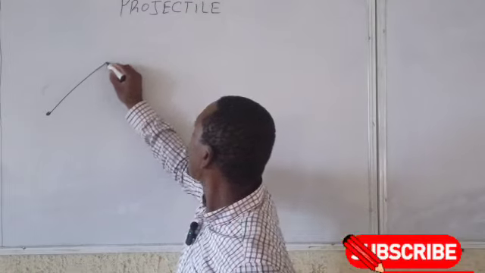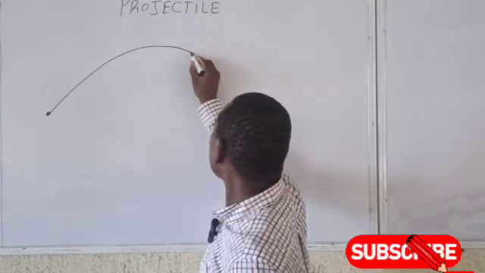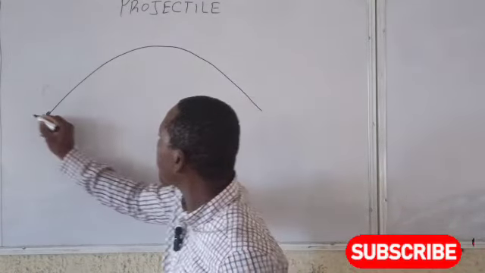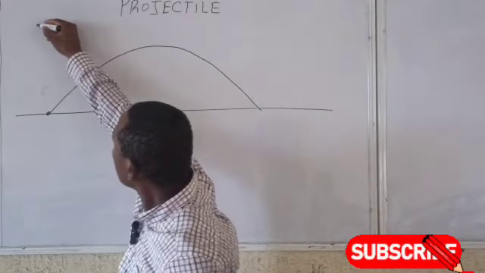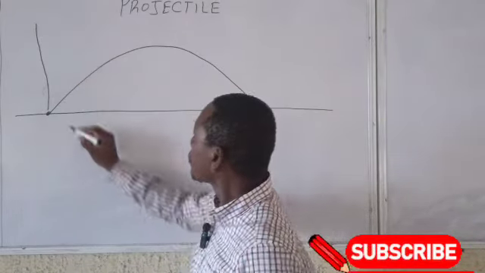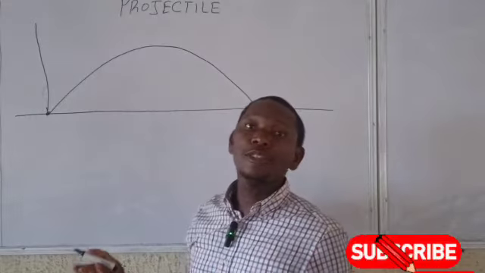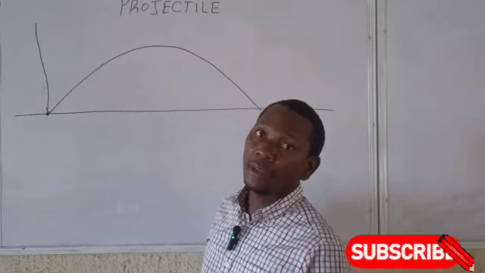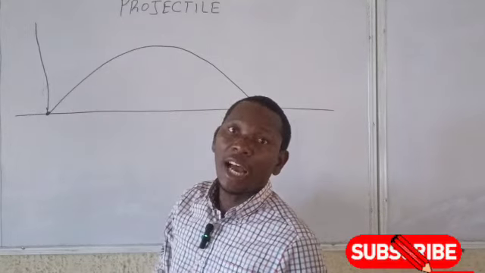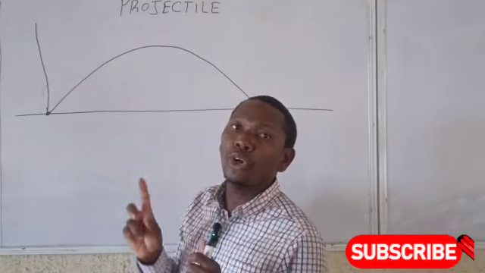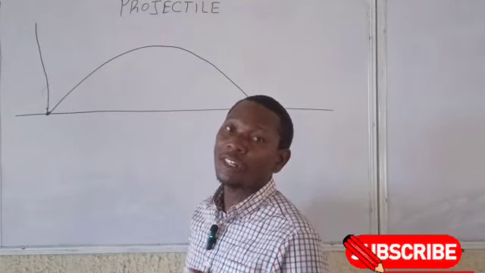And the ball moves like this and back to the original position. This is a simple illustration of a projectile. You launch an object with an initial velocity, and the object moves solely under the influence of gravity.